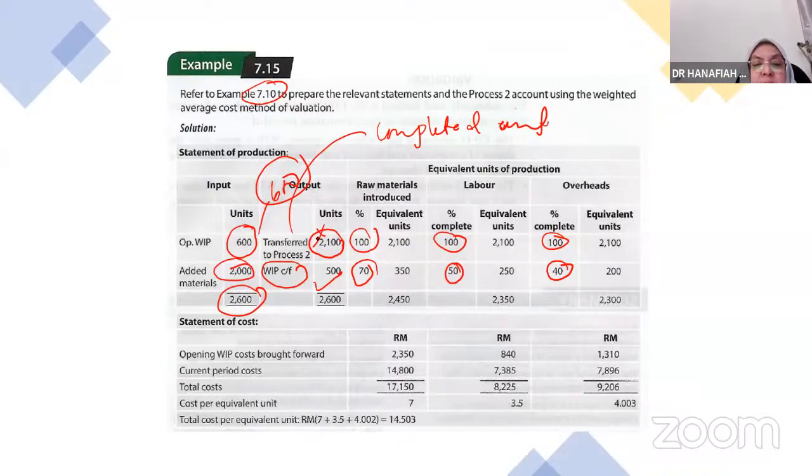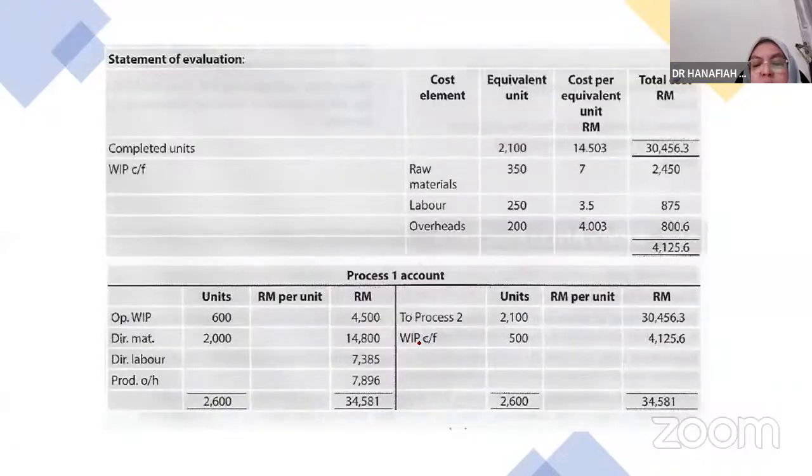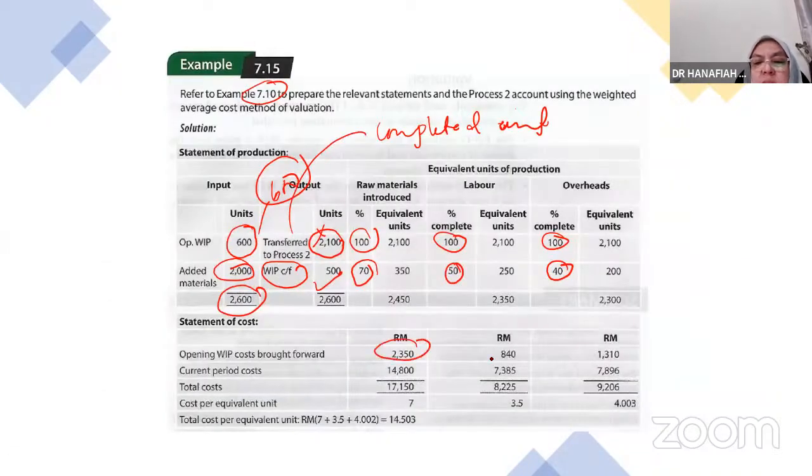And the statement of cost here, opening work in progress cost brought forward is 23,840 and 1310 from the previous one, and the current period cost, this is given in the question, and you need to total up.